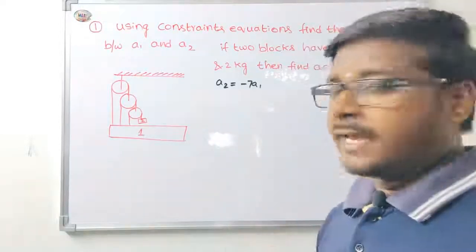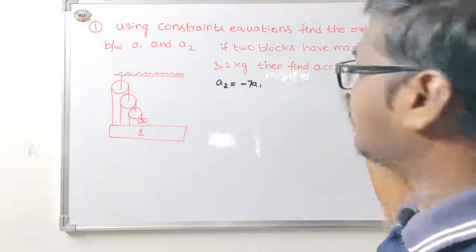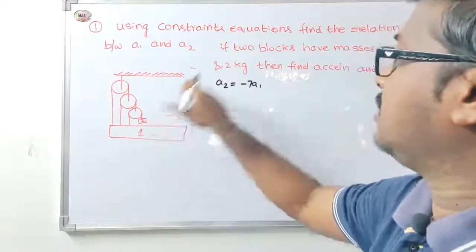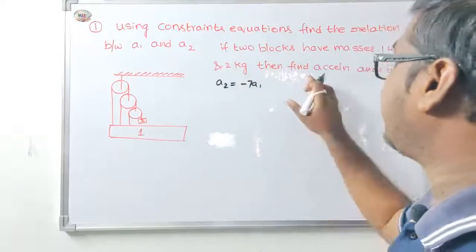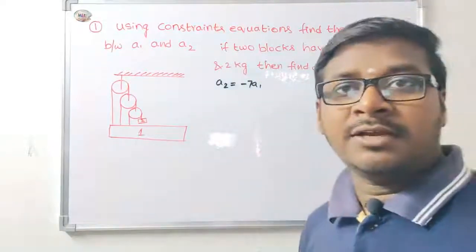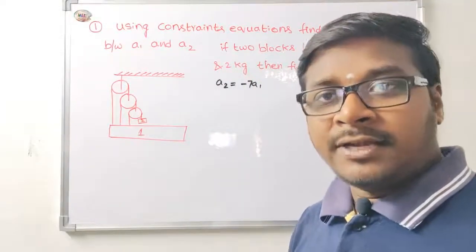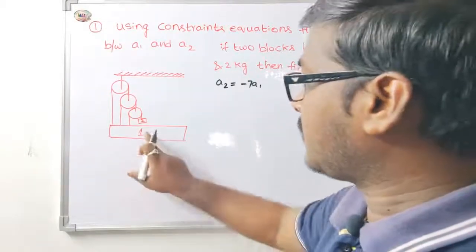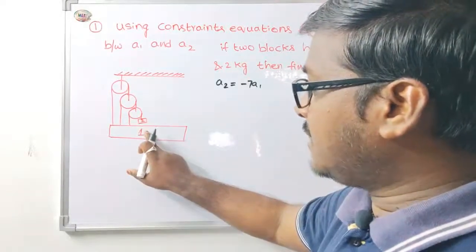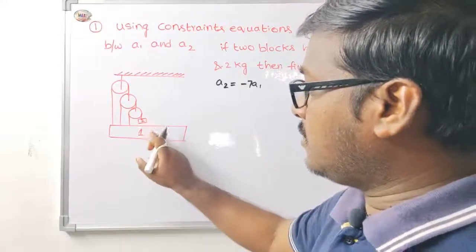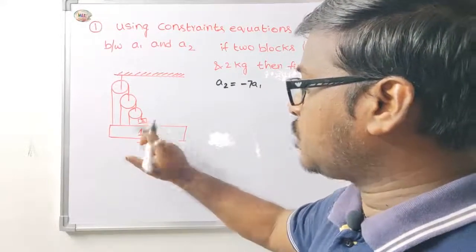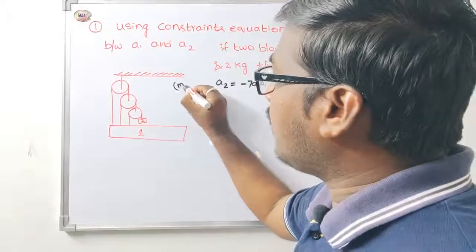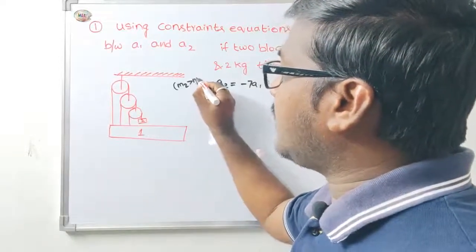Now if the two blocks have masses 1 kg and 2 kg, find the acceleration and the tension in the different strings. Here 1 kg is much less than 2 kg, so m2 is greater than m1.